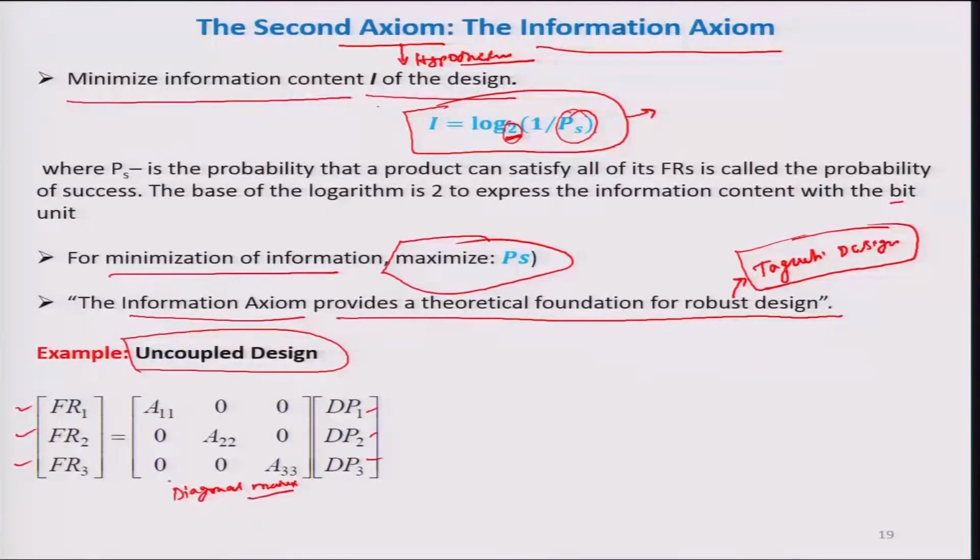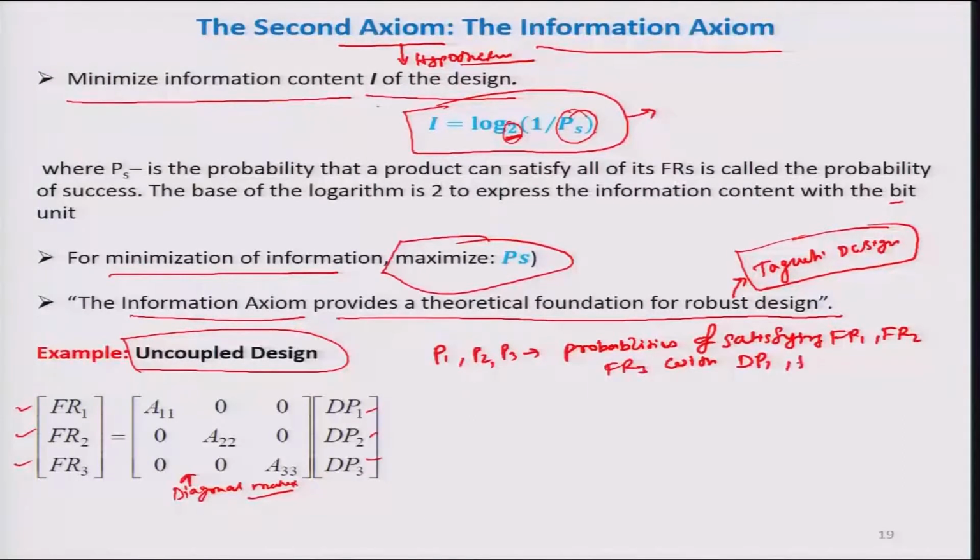And let us suppose that P1, P2, P3 are the probabilities of satisfying FR1, FR2, FR3 with the respective parameters DP1, DP2 and DP3.